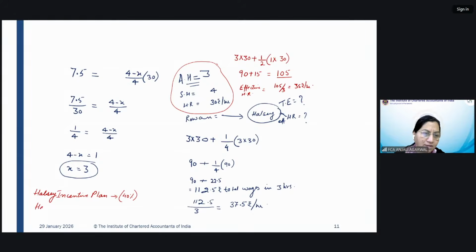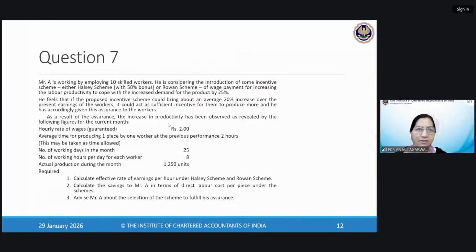And there was a company where they applied a Halsey plan, but they changed the percentage to 30%. So they passed on the benefit to the worker 30% and kept 70% with themselves, thinking that it is their resources which have been used so that the worker is able to save the time. Okay, so this was the scheme.